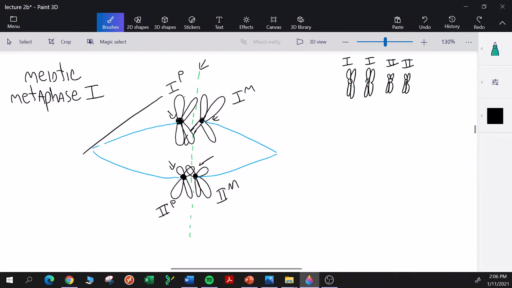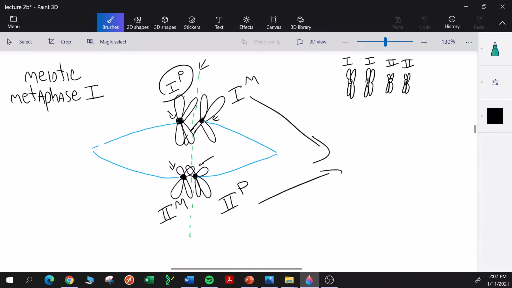However, something different could happen. So what else could happen? Let's say 1P up here might be found on the same side as 2M. And that would put 1M on the same side as 2P. In this situation, 1M and 2P would go in one direction, and 1P and 2M would go in the other direction.